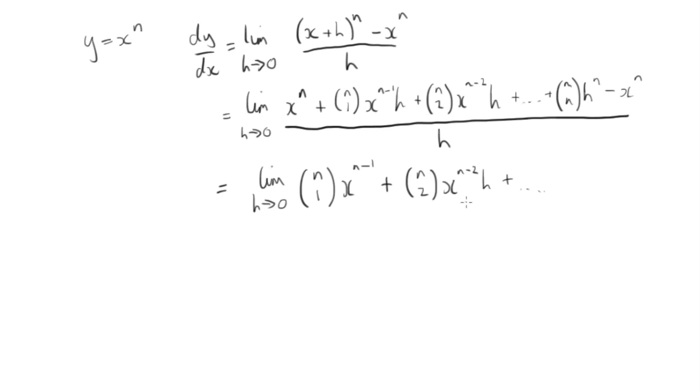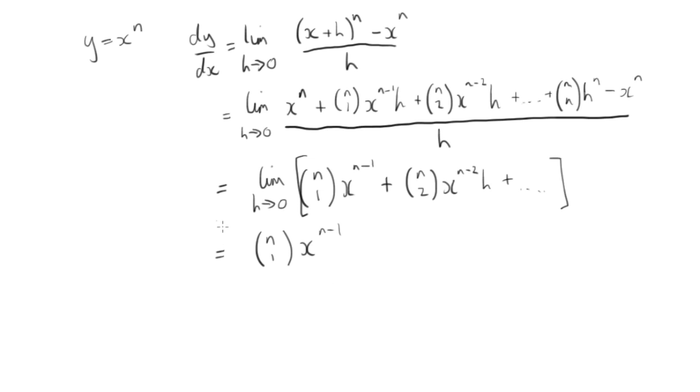So every term after this one here is multiplied by h. Now since the limit is as h tends to 0, all of those terms are going to disappear, and we're left with this lone term here.